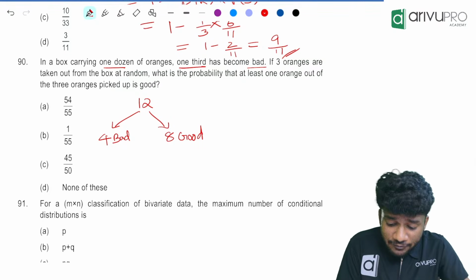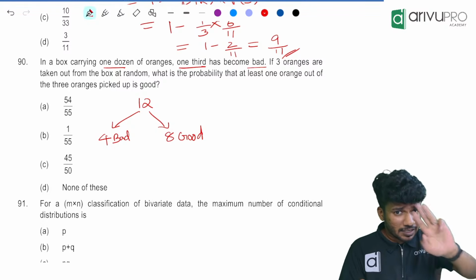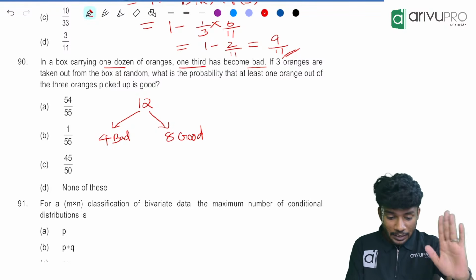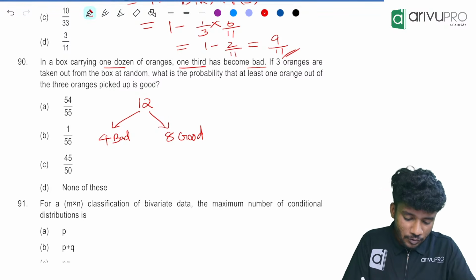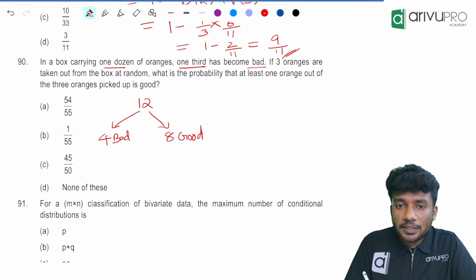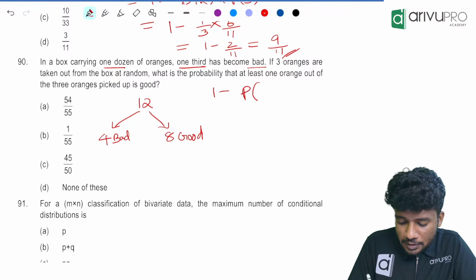Then if 3 oranges are taken out of the box, how many are we taking? 3 oranges we are taking. What is the probability that at least one of the oranges taken from the 3 is good? At least one is good means I can take it as 1 minus P of none are good.